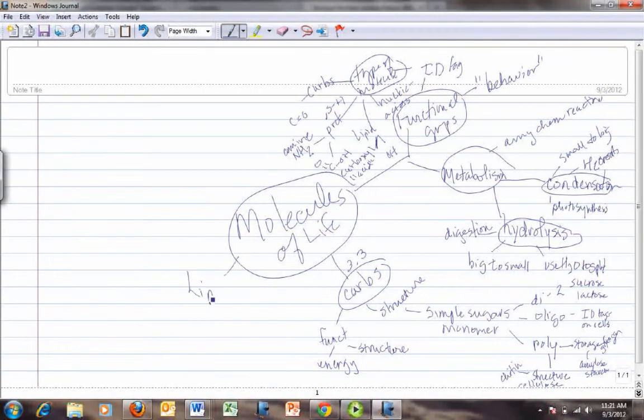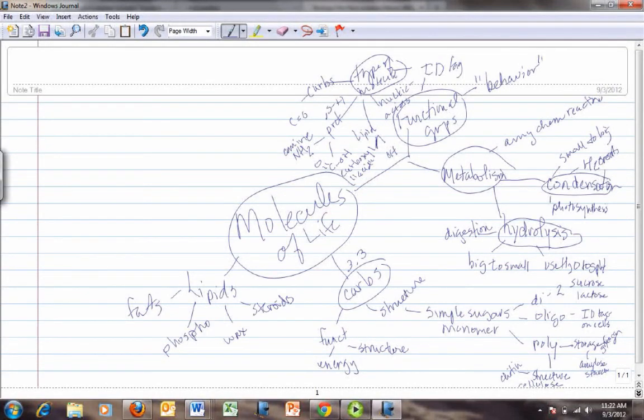Now, for lipids, we are looking at the 4 different types of lipids. So we've got fats, we've got phospholipids, we've got waxes, and we have steroids.